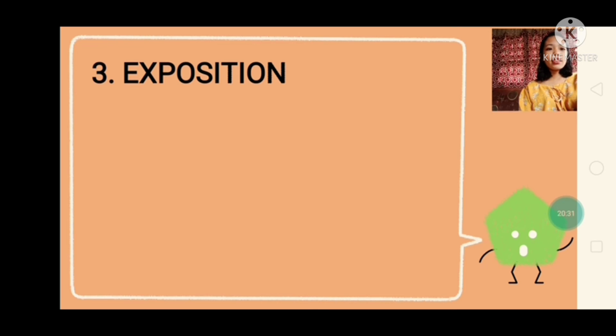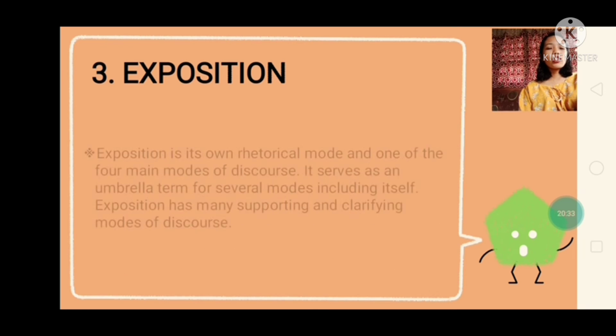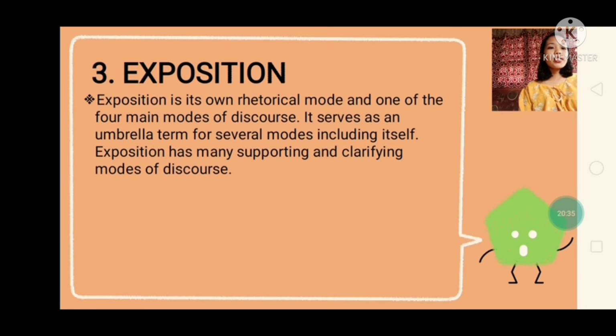Number 3 is exposition. When we say exposition, it is its own rhetorical mode and one of the 4 main modes of the discourse because it serves as an umbrella term for several modes including itself. So, exposition has many supporting and clarifying modes of discourse.